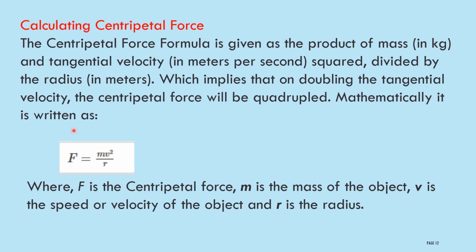Mathematically, it can be written as F equals mv squared divided by r, where F is the centripetal force, m is the mass of the object, v is the speed or velocity of the object, and r is the radius. Centripetal force is nothing but center-seeking force. This force is acting towards the center of the circle or along the radius of the circle. That one you have to remember.